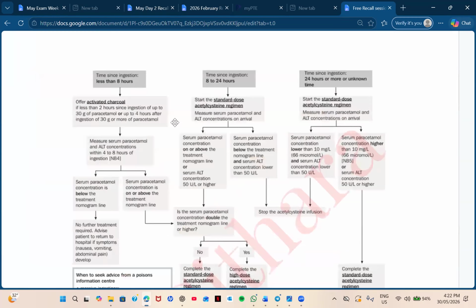So what is the cutoff time to decide the treatment? Tell me, doctors. Very important. Okay, what is the time? We decide with one time frame.